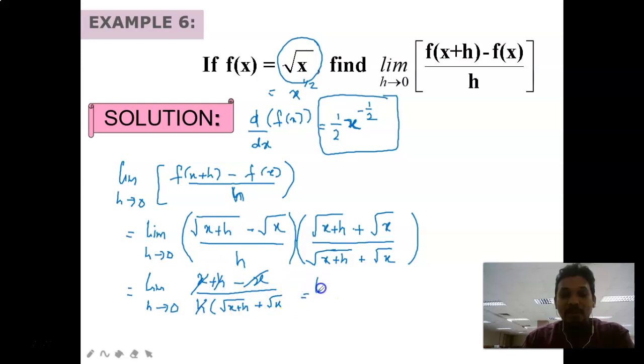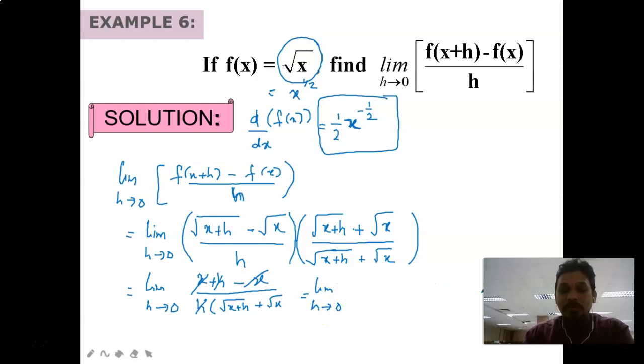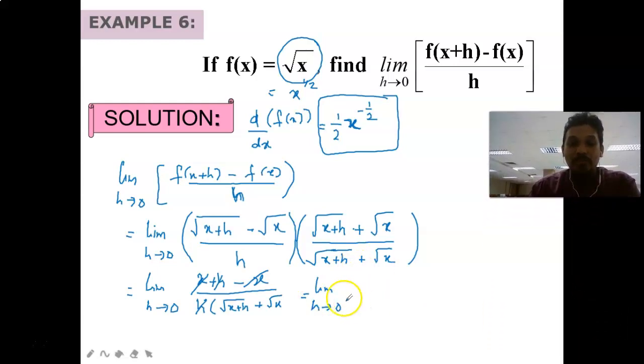Then you come out with the limit as h approaches 0, x minus x equals 0, h divided by h equals 1. Then you come out with 1 over square root of x plus h plus square root of x.